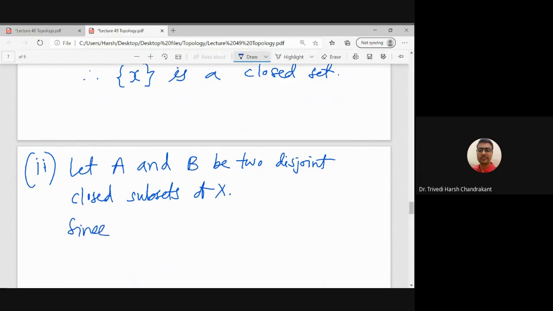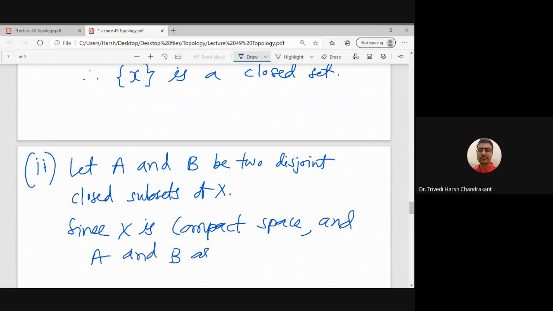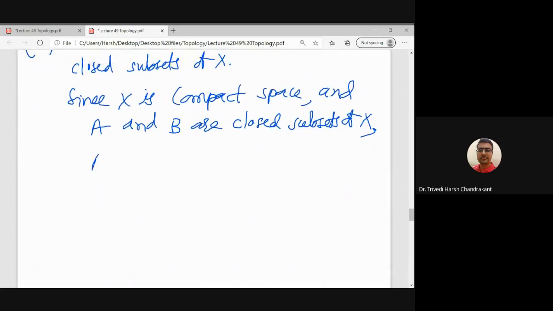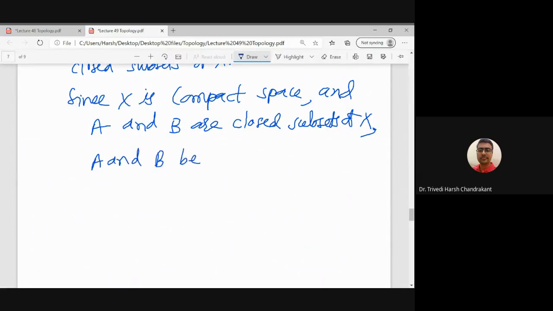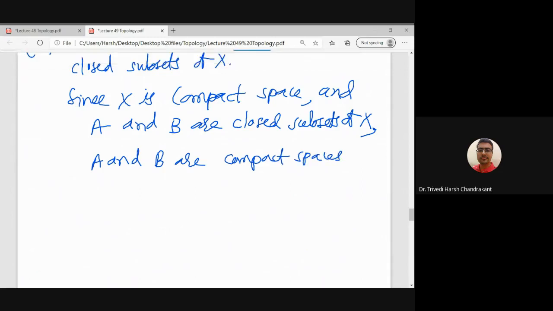So since X is a compact space and A and B are closed subsets of the compact space, A and B are themselves compact spaces.